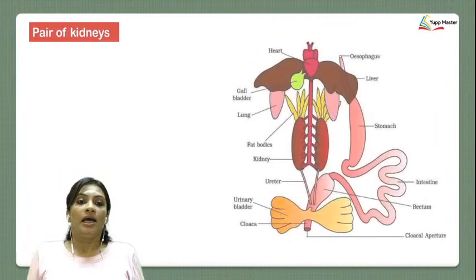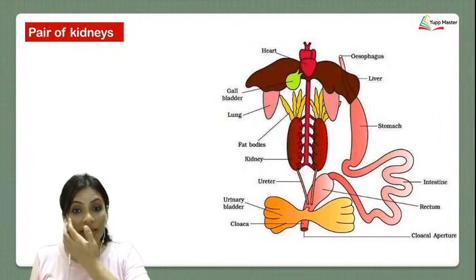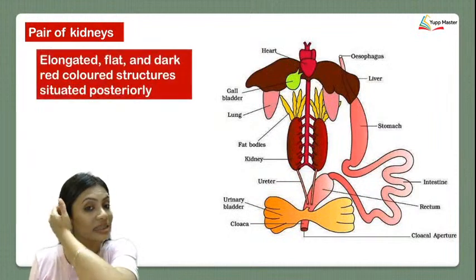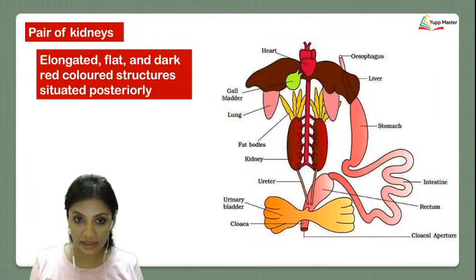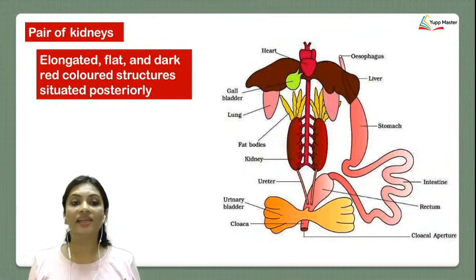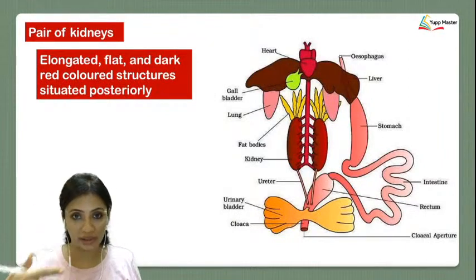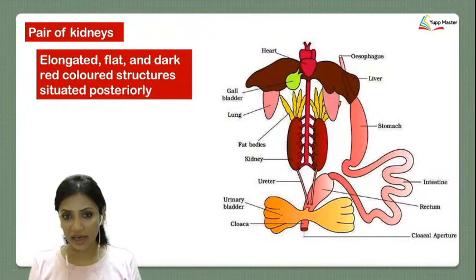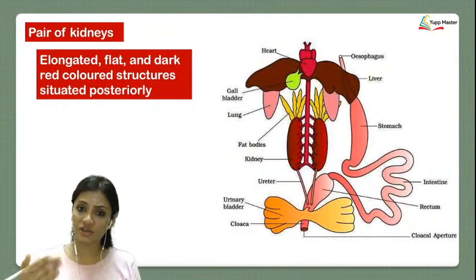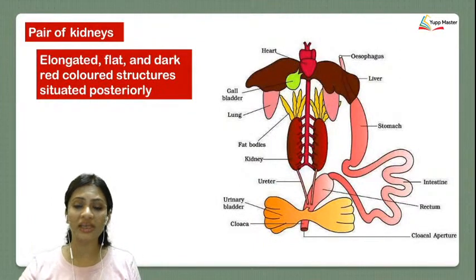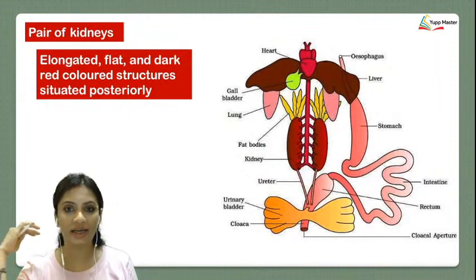All right, now talking first about the pair of kidneys. These are elongated, they are flat, and they are dark red colored structures. Okay, they are basically situated posteriorly. So in the front side would be coming the whole digestive system. Just like us, here also the excretory system is found to be behind the digestive system.